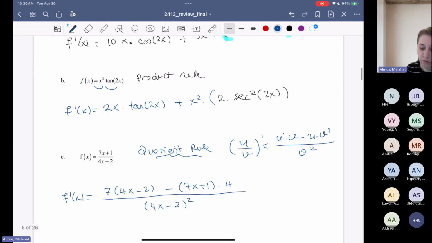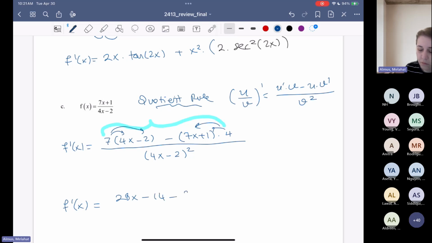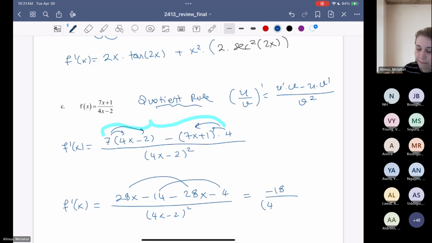Of course, on a multiple choice question, you cannot just stop here. You need to make this top simpler so that you can see what you have and match with your choices. So it's going to be 28x minus 14 minus 28x minus 4. Don't expand the denominator. 28x minus 28x, minus 14 minus 4. Then when you're done, look at the choices to see a matching one.